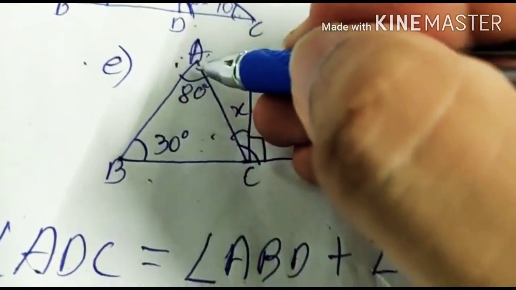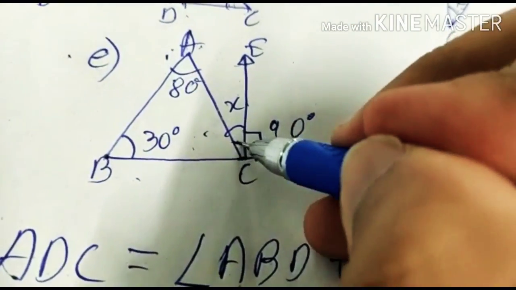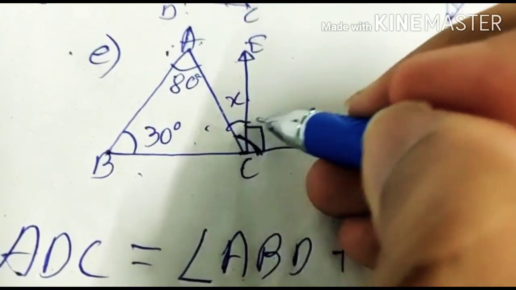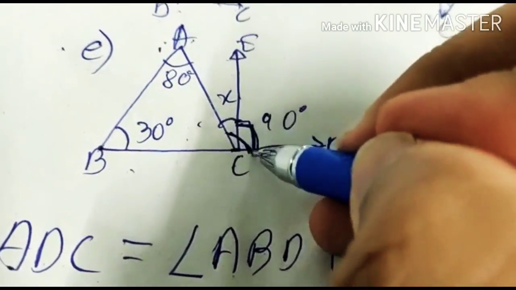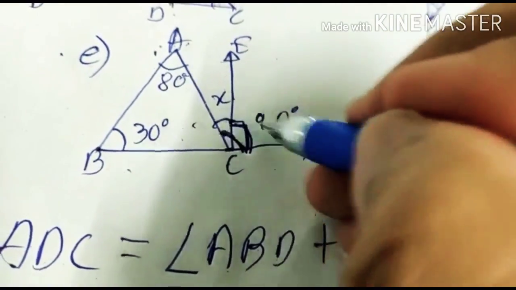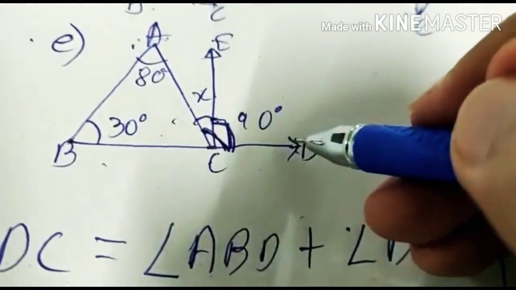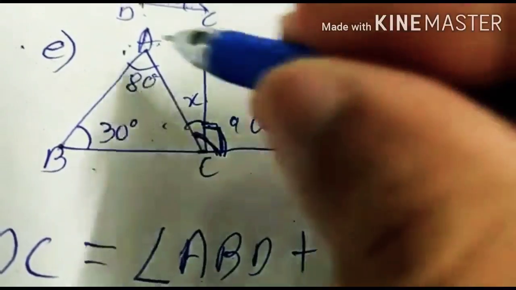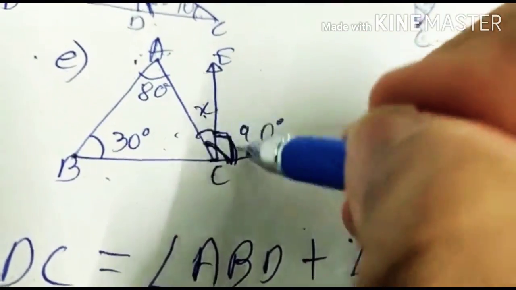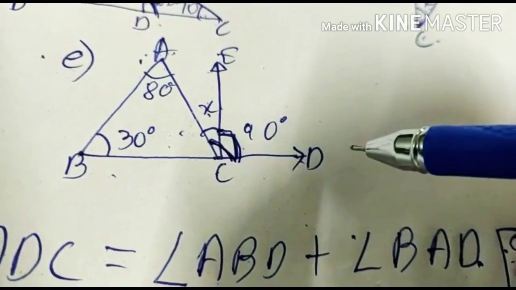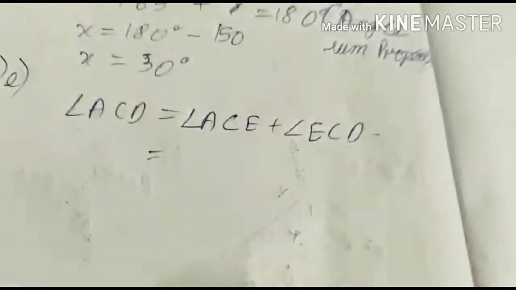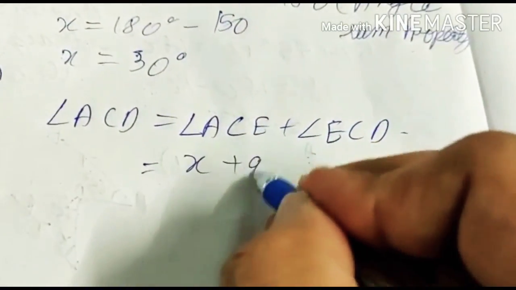What I did: this whole angle is divided into two parts, this and this. So this whole angle, angle ACD, equals the sum of these two angles. ACE was x and this was 90 degrees.